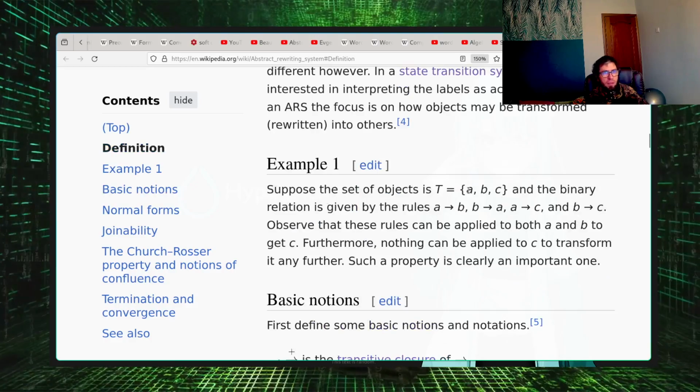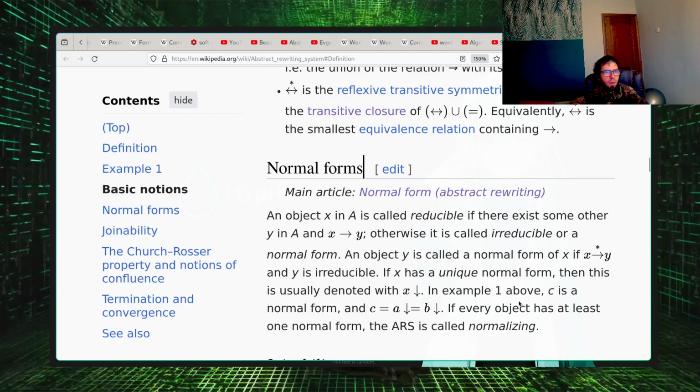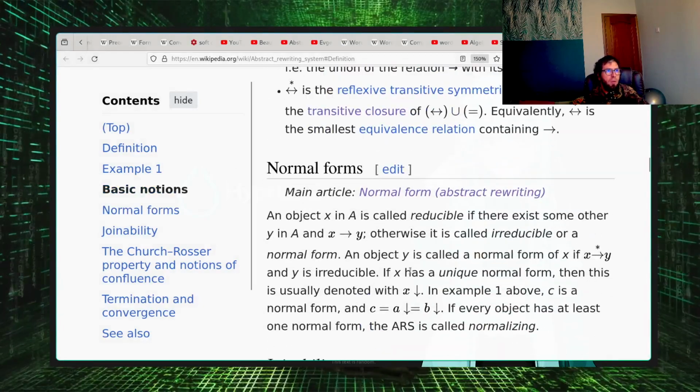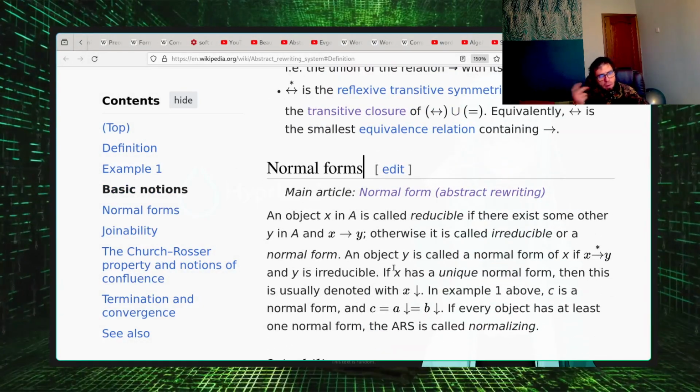So we have this example where we have three elements A, B, and C and such a relation. And you can see that if we start with A and B, we always end with C. So all this means that in this rewriting system we can have some classes or subsets of objects which can be reduced to one normal form, and this one normal form can represent the whole class of these objects.